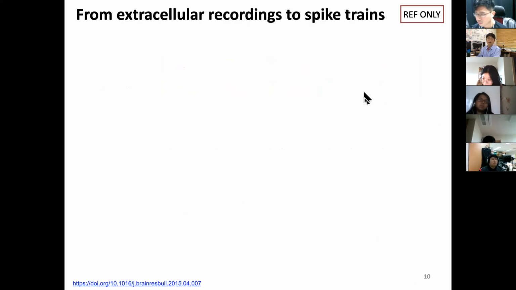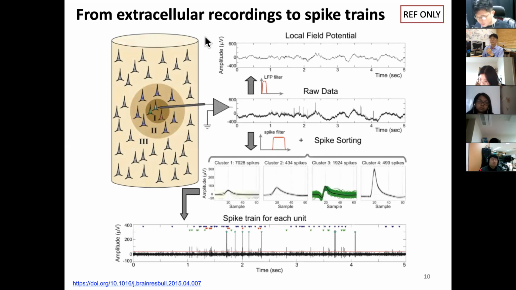So let's get a little bit deeper into how extracellular recording leads to this spike train. And this is a reference, so you don't have to know everything, but this gives you a concept. We insert an electrode into neural tissue where there are nearby neurons and far neurons outside, and let's look at the raw data.